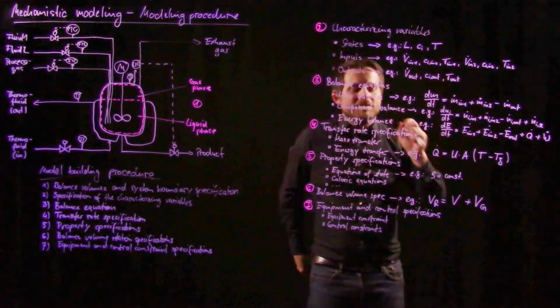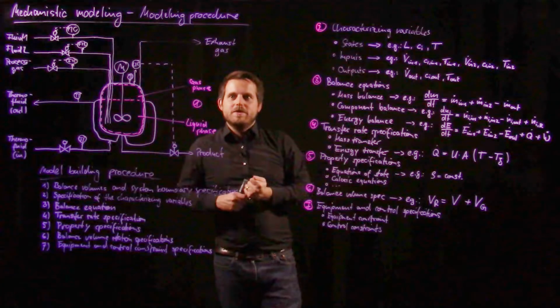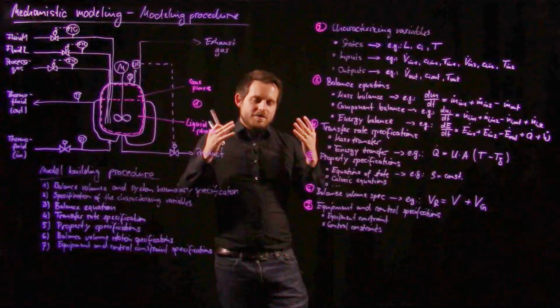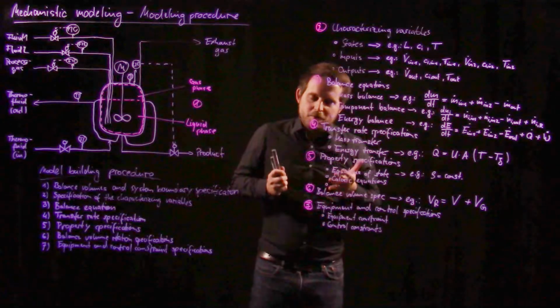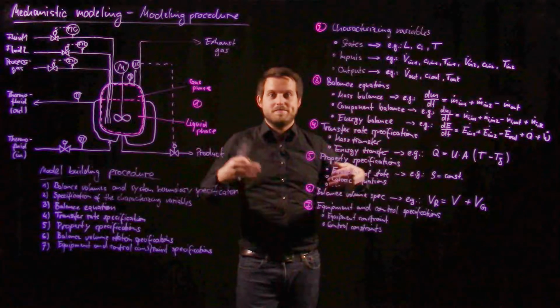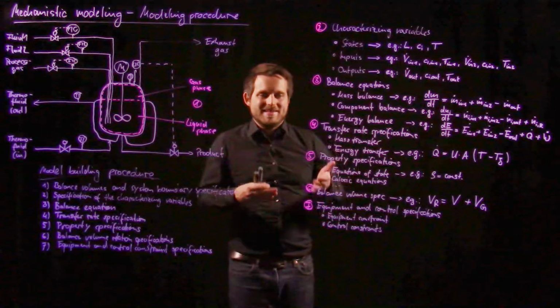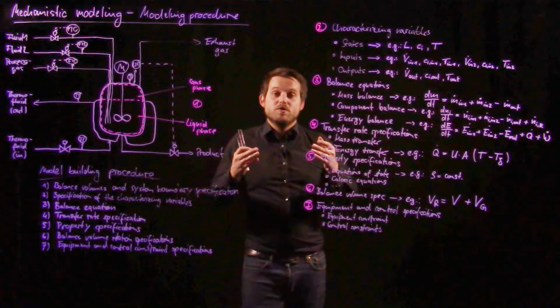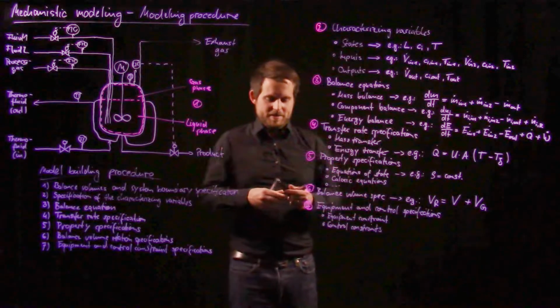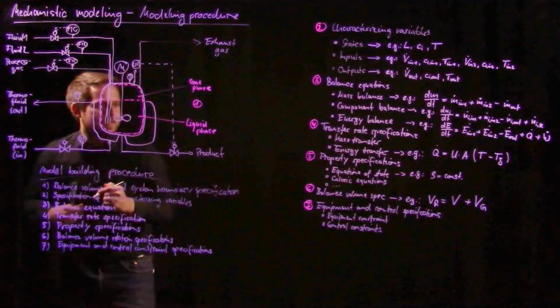And this is a very, very important ingredient of models, because we want to develop models that are suitable for a certain purpose, and they have to be as good and as precise and as usable as necessary, but they also should be as simple as possible. And therefore we have to use assumptions.